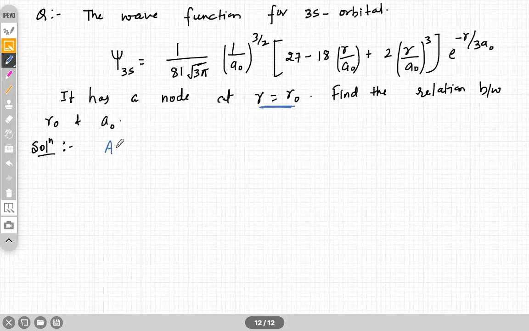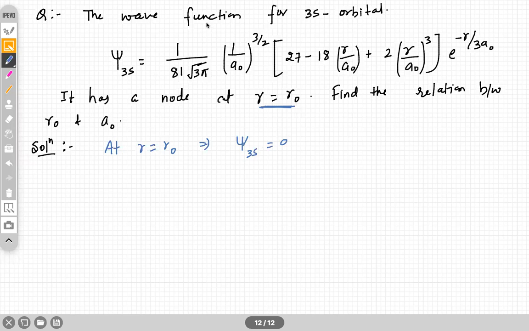So we can write, at r equals r naught, psi 3s equals 0, and we substitute this in this equation.